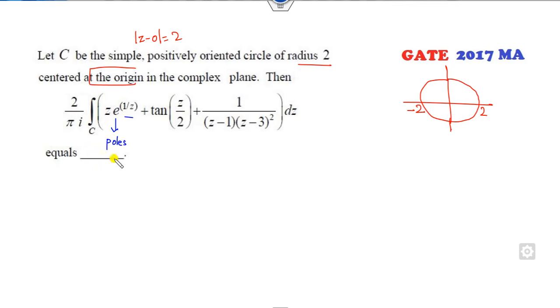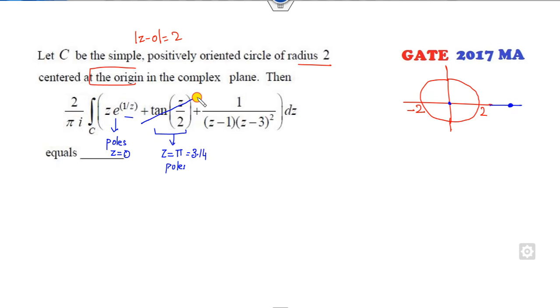So what is that? Z is equal to 0 is my pole, and which lies here. What is the pole of this? Again the denominator is nothing. So this value will go to infinity when z is equal to pi. Tan of pi by 2 is infinity. Where is the pi? This is the pole. Fine. So the value of pi is 3.14, and 3.14 lies outside of this.